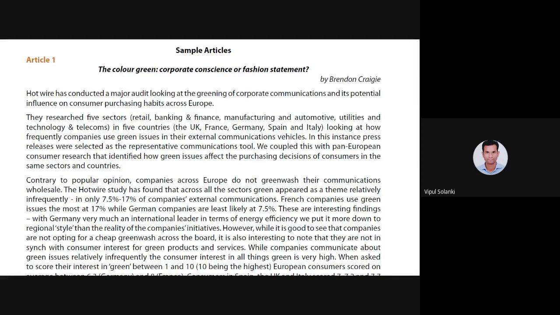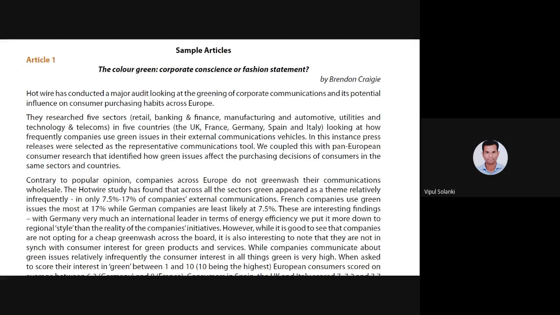As we discussed earlier, short and catchy, eye-catching. So reading this title itself creates some interest. Color green, corporate conscience or fashion statement.